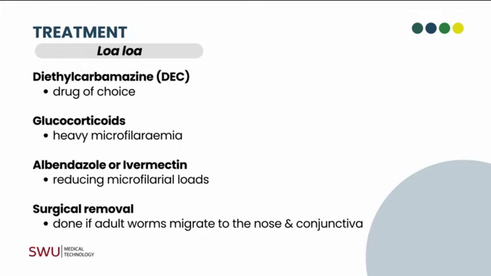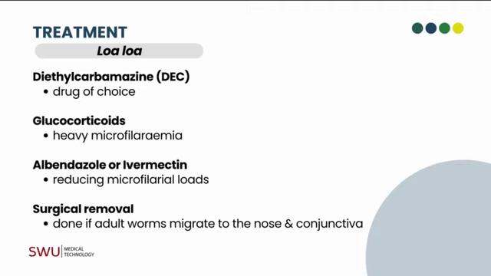For the treatment of the parasite, the drug of choice is DEC or diethylcarbamazine, and it's given in multiple courses to really get rid of Loa loa. It's effective not just for the killing of microfilariae but also for killing the adult stage of the parasite.